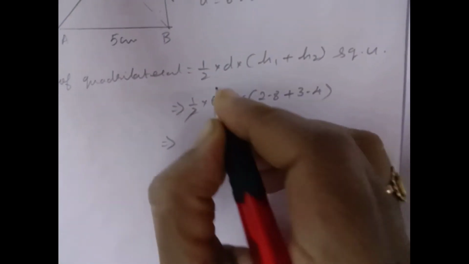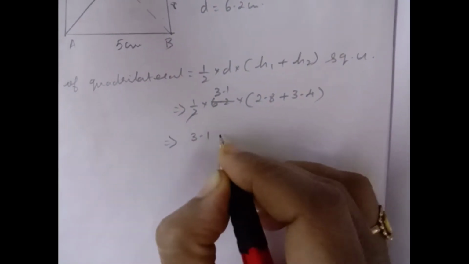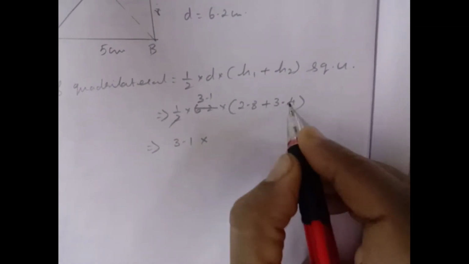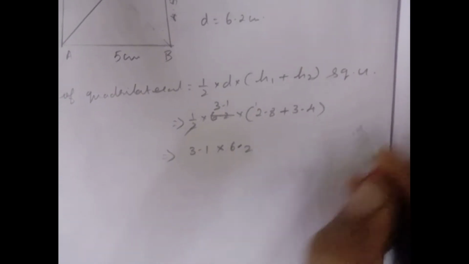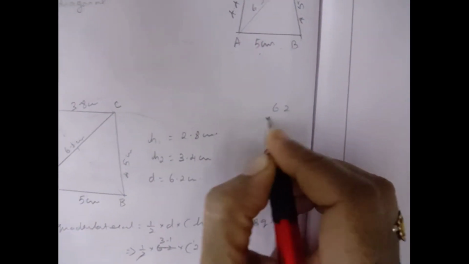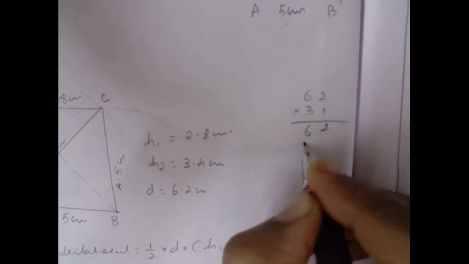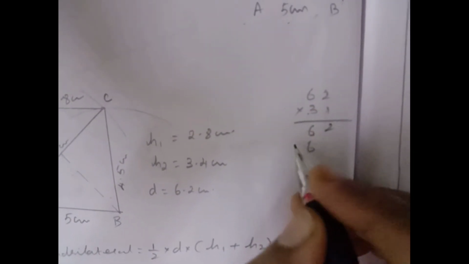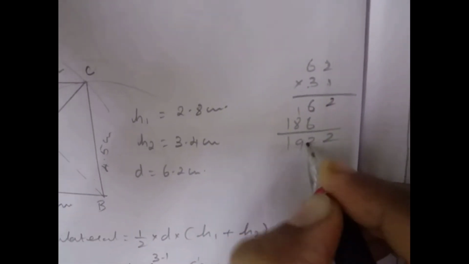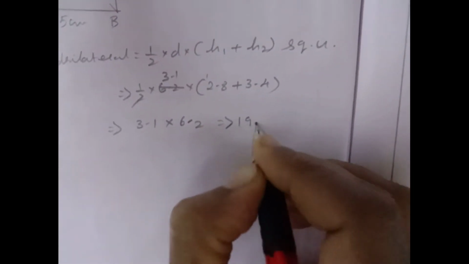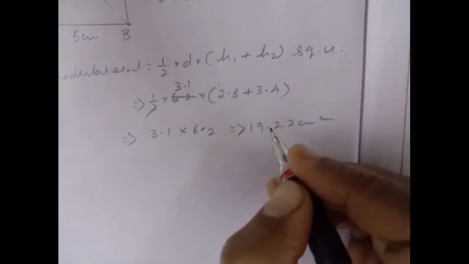So if you cancel here, 3.1 into 8 plus 4 is 12, carry 1, 6. So multiply 62 into 31, which gives 19.22 centimeter square.